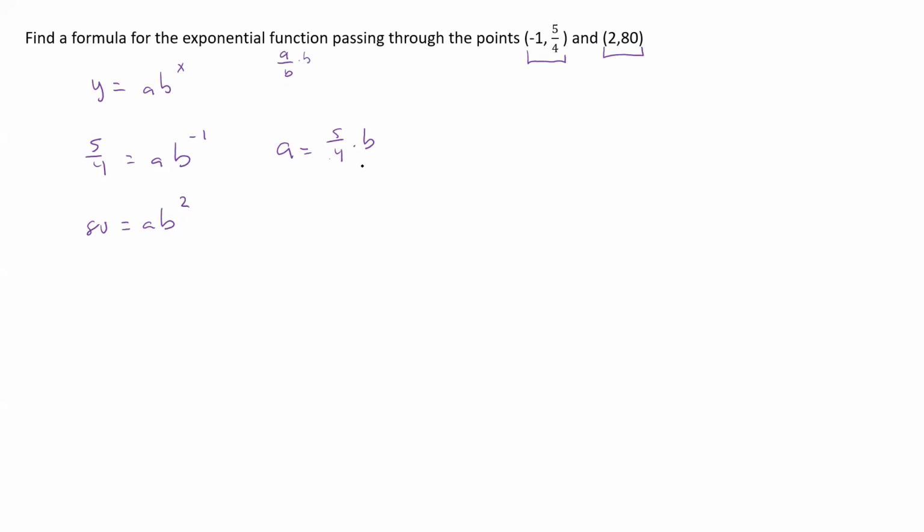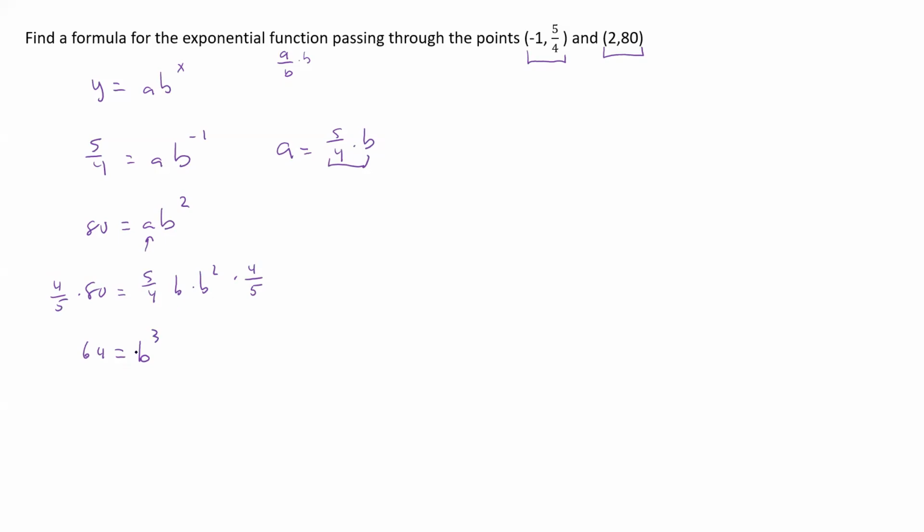Now if I take that and plug it in here, I get 80 equals 5/4 b times b squared.